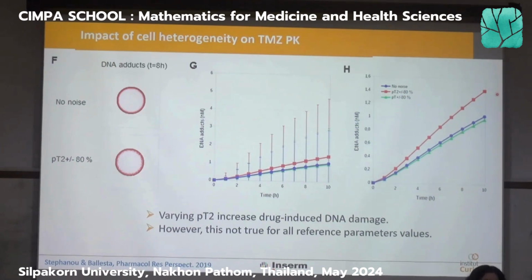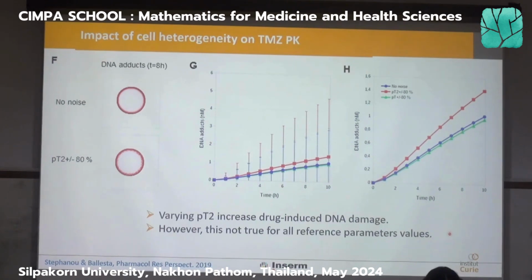And this is a bit surprising, right? Because you don't expect this. If you have the reference PT and PT2, you have this blue line, and if you have varied PT2, you get this red line.